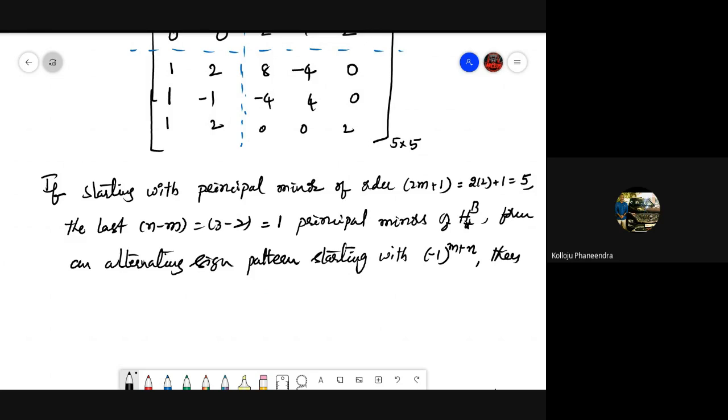Then x star gives, minus 1 whole power m plus n means minus 1 whole power 3 plus 2, that is negative, minus 1, negative sign. Then x star gives a maximum point.